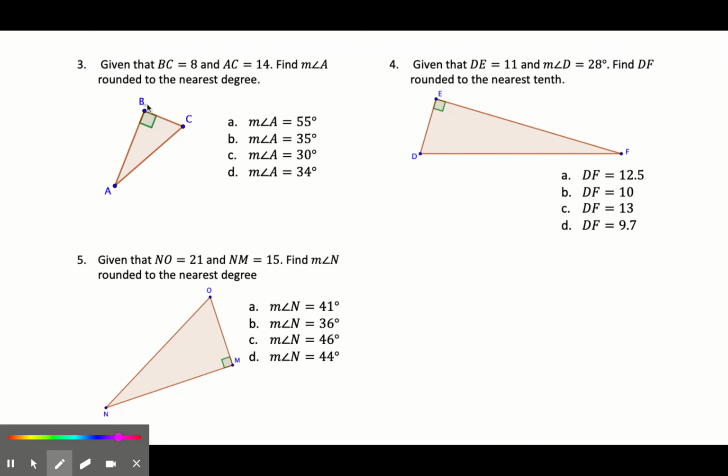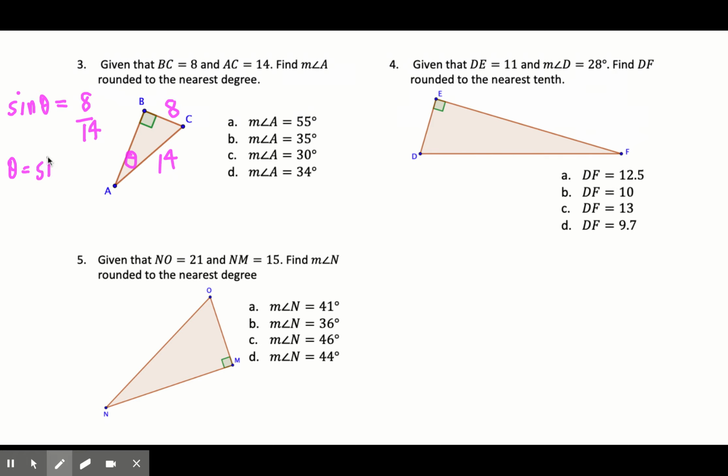So it says, given that BC is 8, and AC is 14, find measure of angle A. So that's theta. That's opposite and hypotenuse again. So that's sine of theta equals opposite over hypotenuse. Then theta is going to equal your inverse sine of 8 over 14.